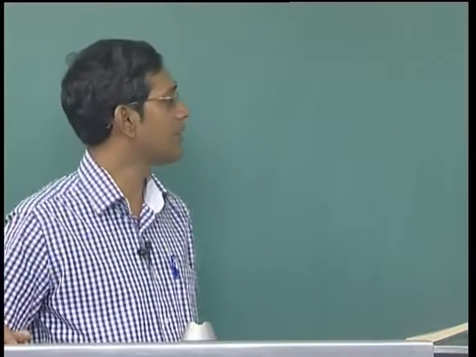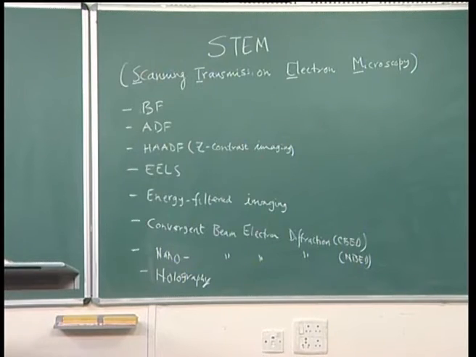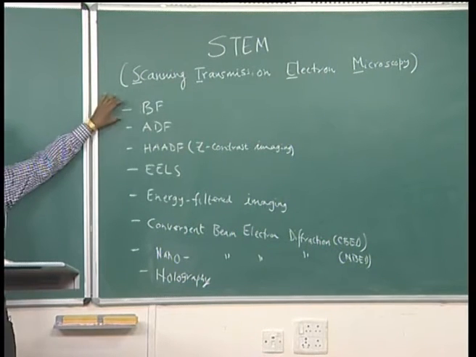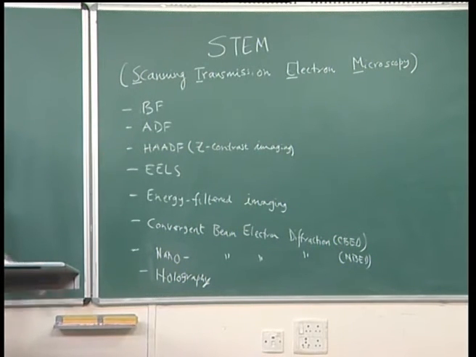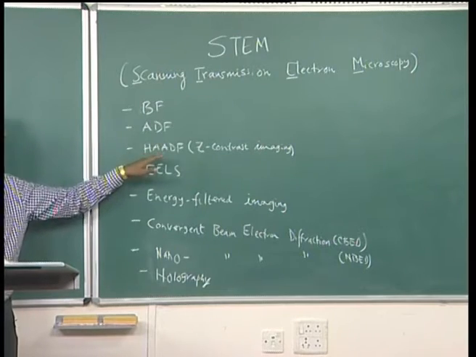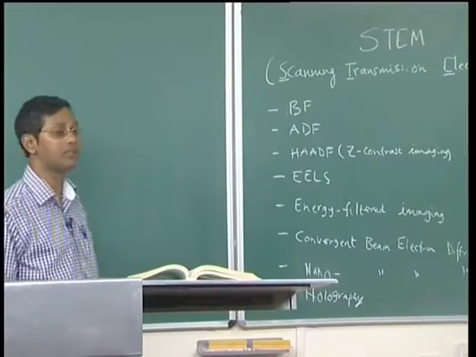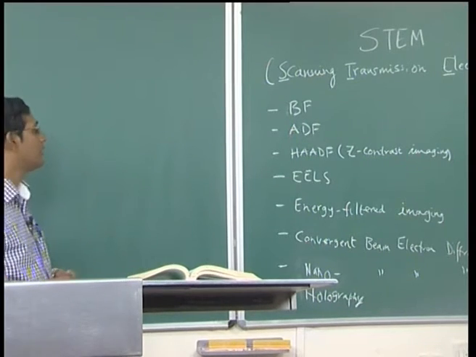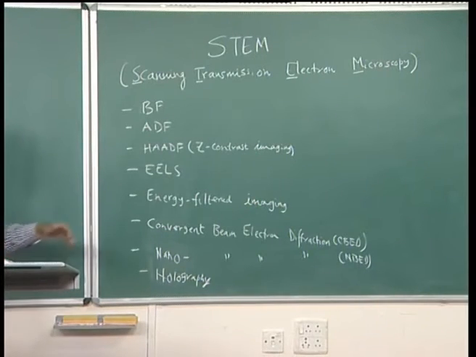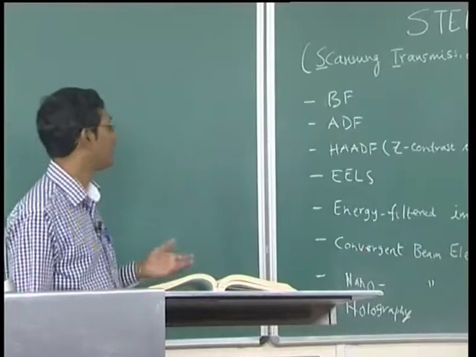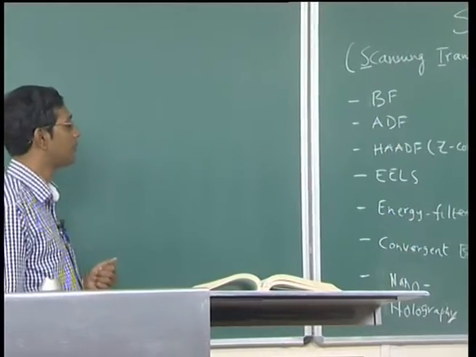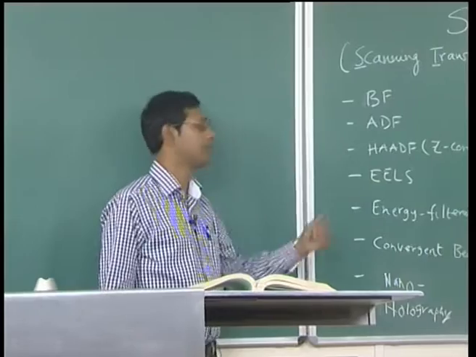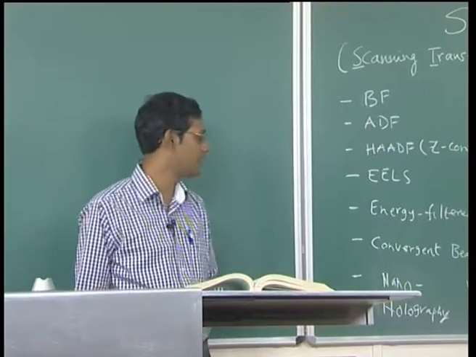The reason scanning transmission electron microscopy is important is because of these aspects. We can get information from bright field, annular dark field, and high angle annular dark field images, which can give us Z contrast. We can also integrate this STEM with EELS, electron energy loss spectroscopy, which can be used to obtain energy filtered images.